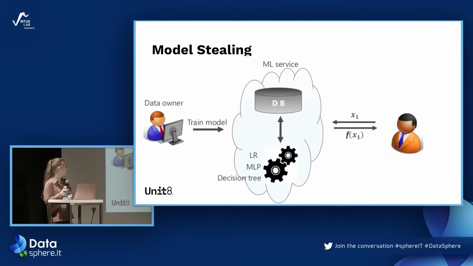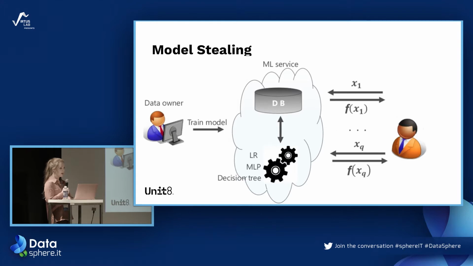He can only upload an image and see the output. And the user might ask for classification many times for many different samples. And by the same token, he can build his own training dataset, which will be labeled by our model. And this enables him to teach his own model to respond in the same way as the original model does.